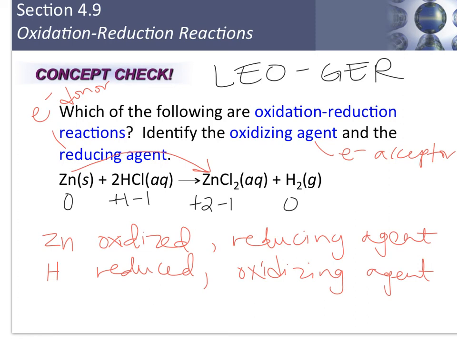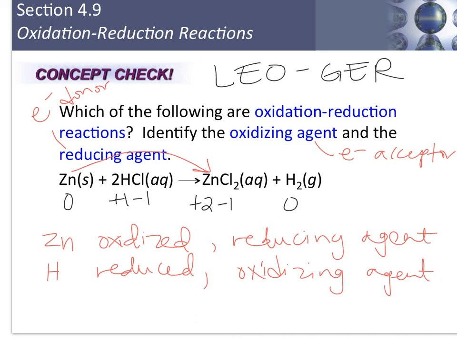Okay, so if we look at the oxidation state for everything, zinc is an element, so its oxidation state is 0. Hydrogen is always a +1, so then the chloride has to be a -1. Zinc chloride is just an ionic compound, so we'll use the charges. Zinc is always a +2, and again chloride is a -1, and there are 2 of those, so that balances that out.